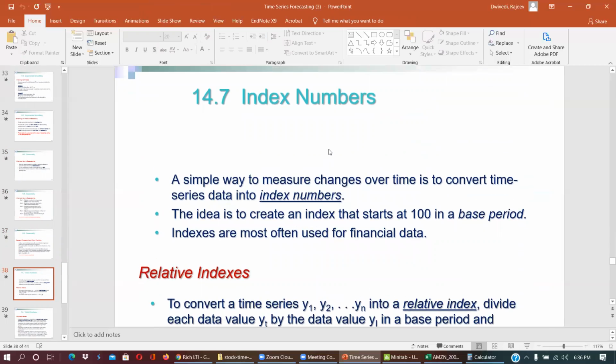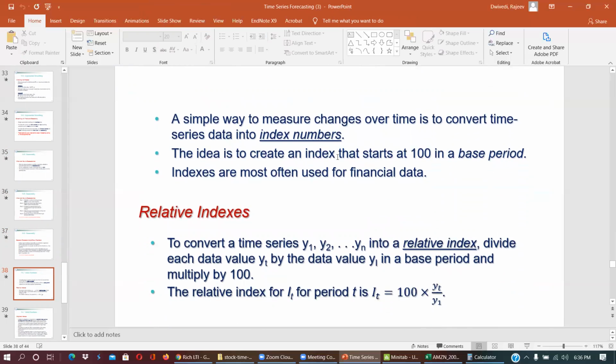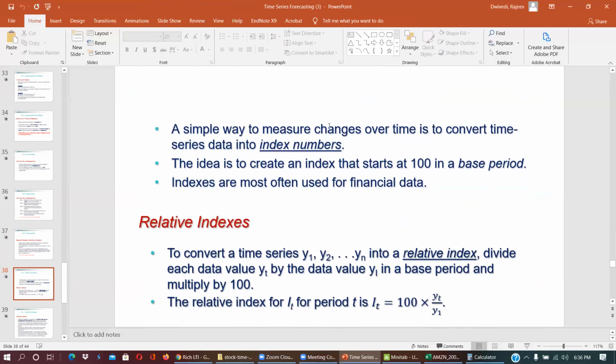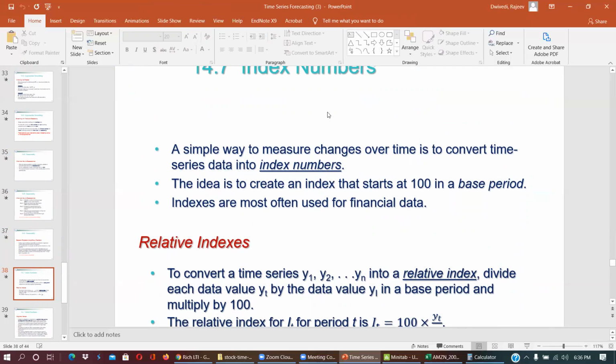Now after seasonality, we are going to look at index numbers. Everything has been indexed nowadays: the global poverty index, the happiest country index, the competitiveness index, and every industry has some kind of index.